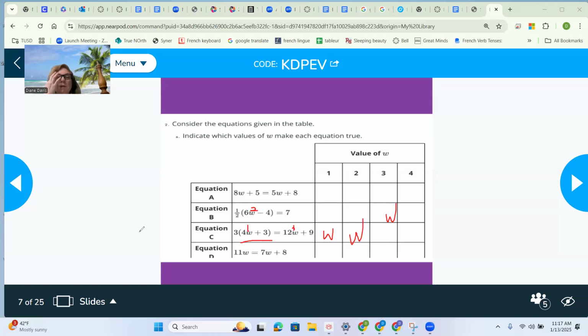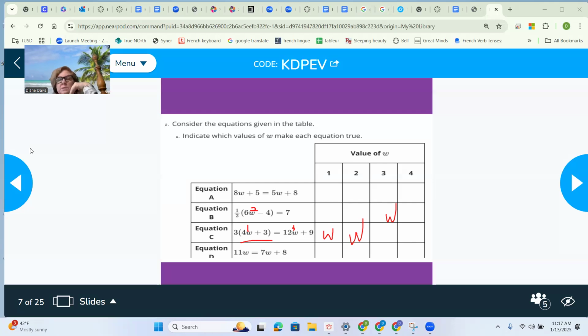Okay, so can you see that some equations only have one solution, but here's an equation that has 2 solutions. What did I just say? Because that's something they wanted you to see and understand. Who can write what I just said?